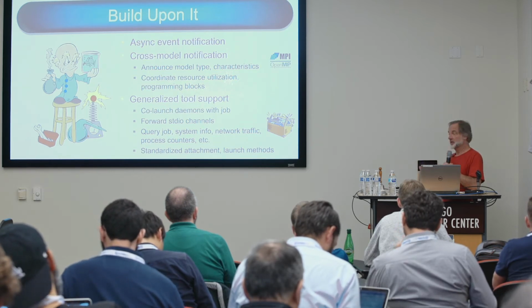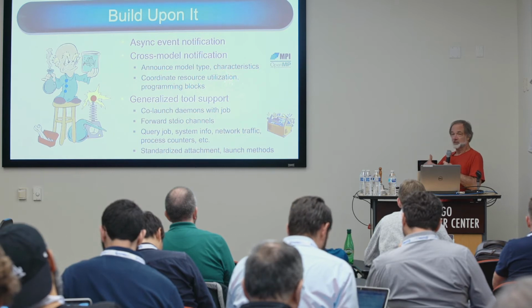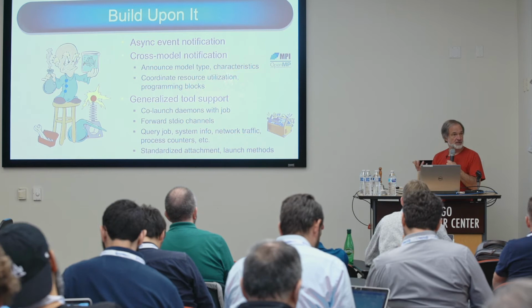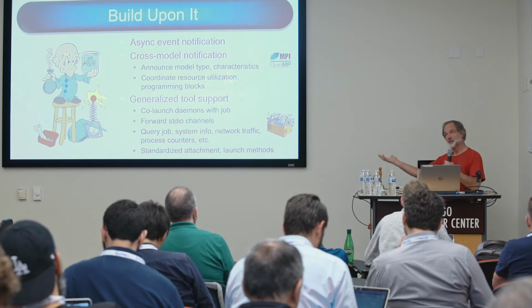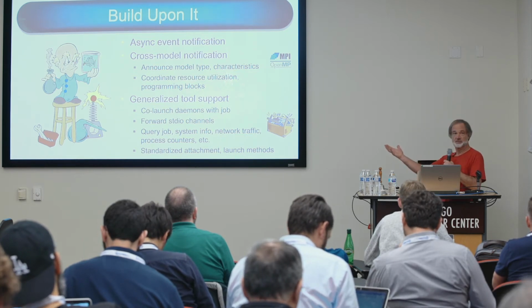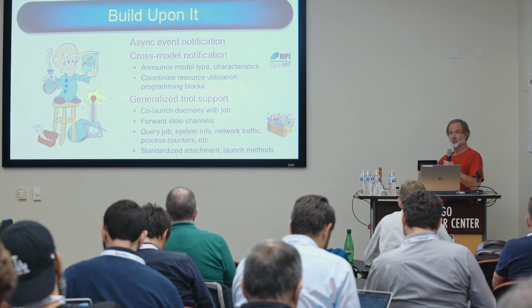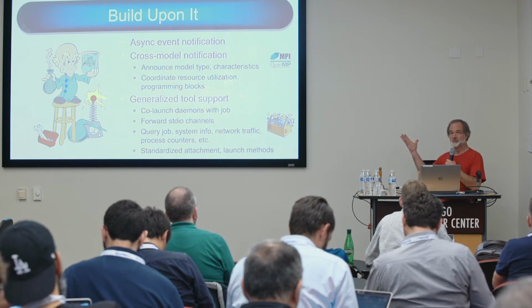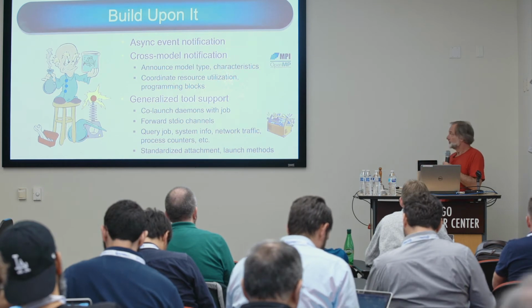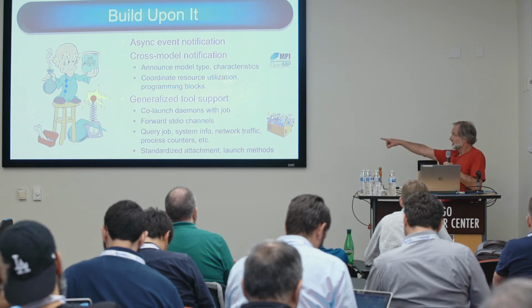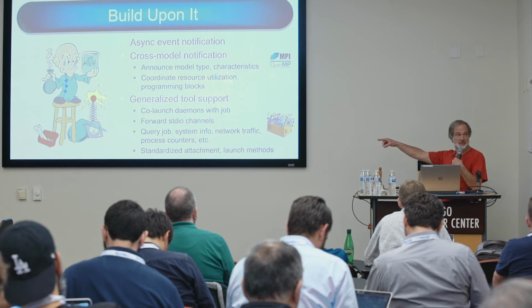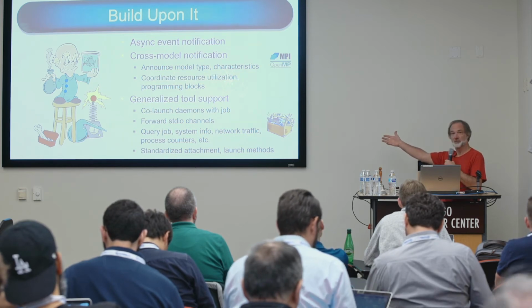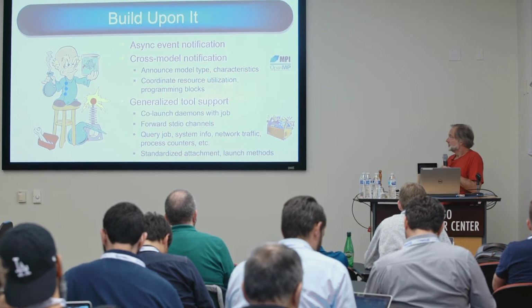So you can actually ask the resource manager to co-spawn a set of daemons, co-located with whatever processes you want, whatever job you want. You can query the resource manager for the proc tables, both globally and locally to where you are. You can query about what the network traffic pattern looks like, so you can actually query the fabric manager and find out what links are loaded, which ones are not.